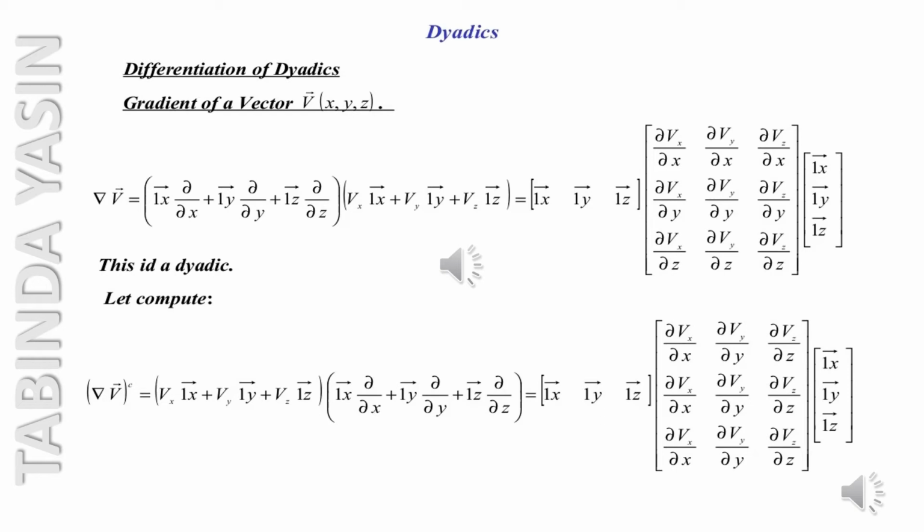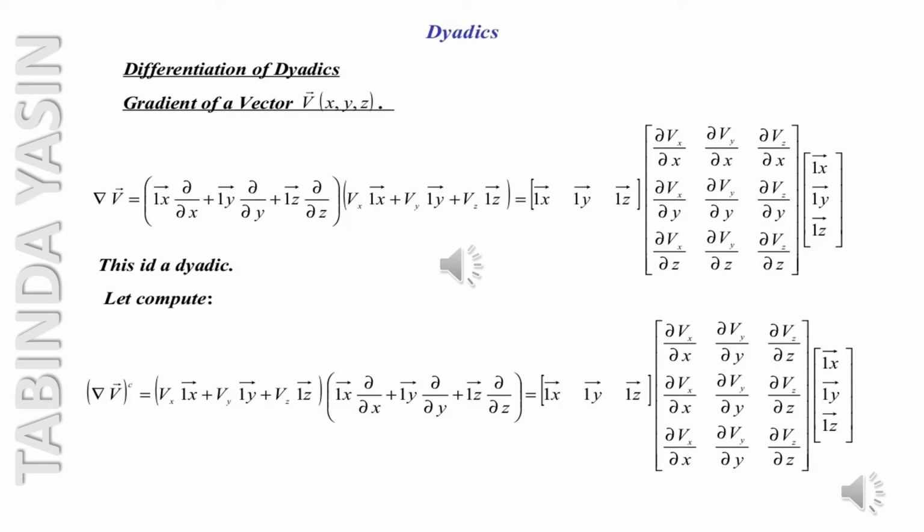That gives 1x, 1y, 1z vectors in a row, and the matrix is written: partial Vx over partial x, partial Vy over partial x, partial Vz over partial x; partial Vx over partial y, partial Vy over partial y, partial Vz over partial y; partial Vx over partial z, partial Vy over partial z, partial Vz over partial z; times the column 1x, 1y, 1z, and this is a dyadic.